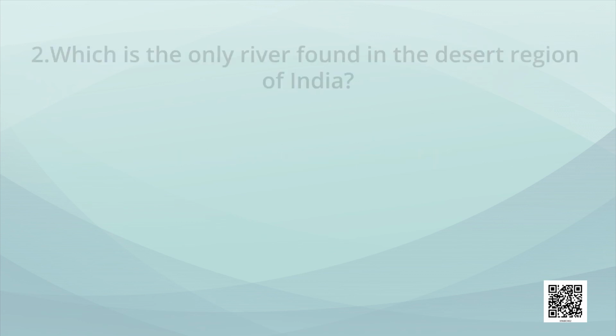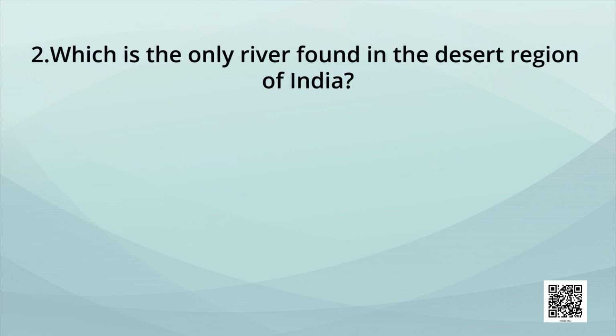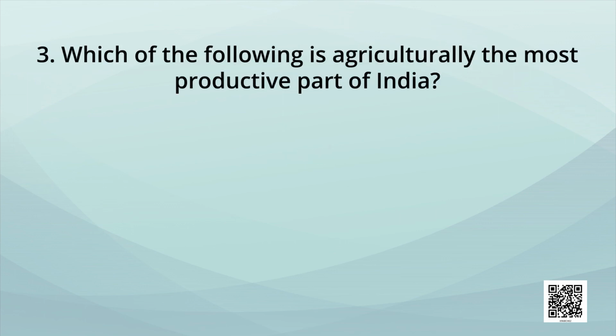The next question is, which is the only river found in the desert region of India? And the answer is, yes, Luni. The third question is, which of the following is agriculturally the most productive part of India? And the answer is Northern Plains.